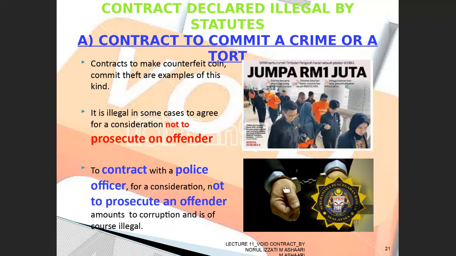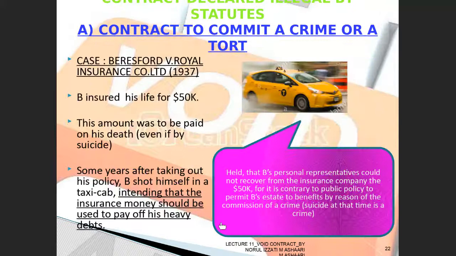You pay the police so that the police do not prosecute the party that is actually committing the crime. This amounts to corruption, and it is of course considered illegal. Okay, now these are the examples.